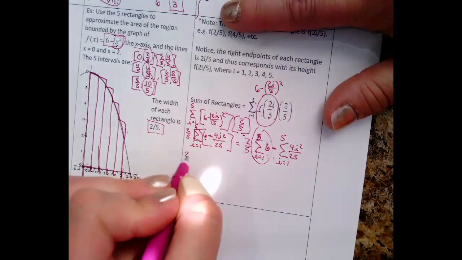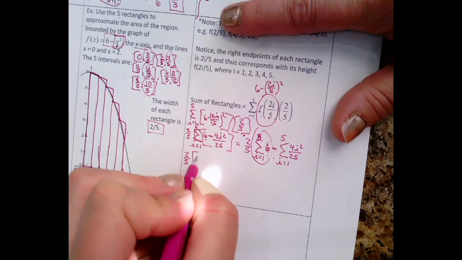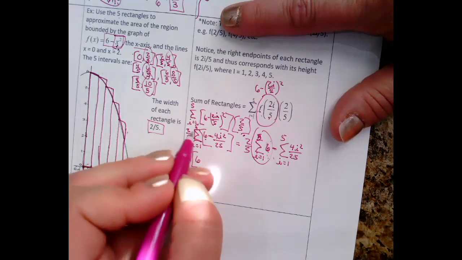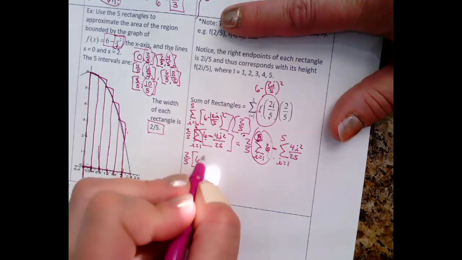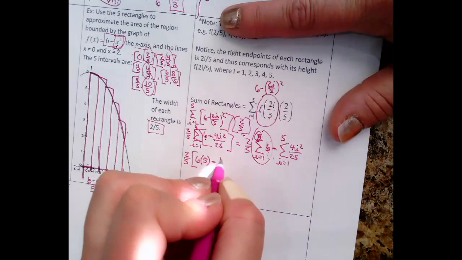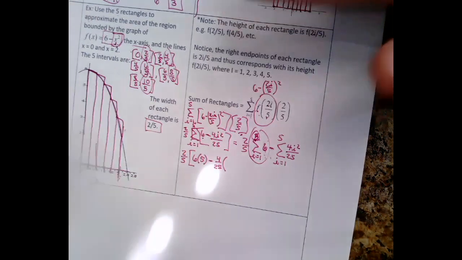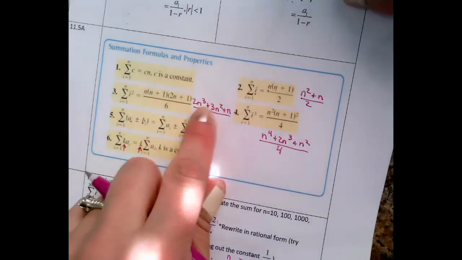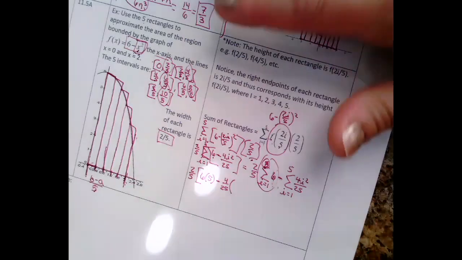It's going to be 2/5 times that 6 just becomes 6 times n, and in this case I have a value for n. My n is 5. Minus 4 over 25 times my i squared formula, which is 2n to the third plus 3n squared plus n over 6.